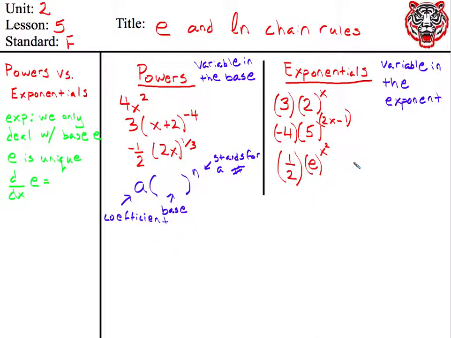And the number over here, so if I have like an A times e to some power, while this is still a coefficient, it's more specifically the starting amount, or where the y-intercept usually is. So I'm going to call this guy the start amount.